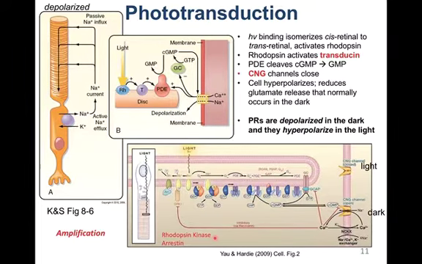You've probably walked into the light from a dark room, or into the dark from a light room, and you know that it takes a few minutes to adjust. That's because all of the complex interconversions and steps shown in this lower panel, which you don't need to worry about at all, take time. But I'd like you to know that rhodopsin kinase and arrestin are involved in turning this signal off once it's initiated.